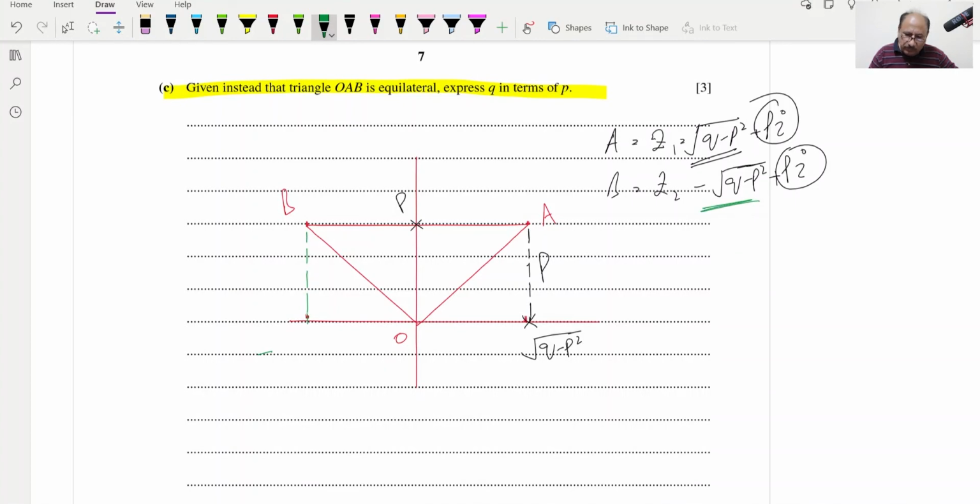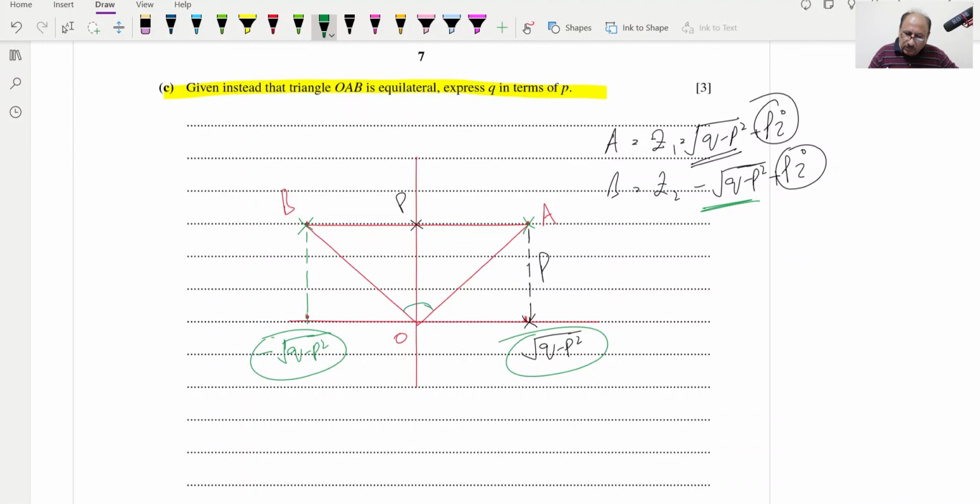So real part will be minus under root q minus p squared. So these are the real portions, and the p value is for this one and for this one, both p values are imaginary values.